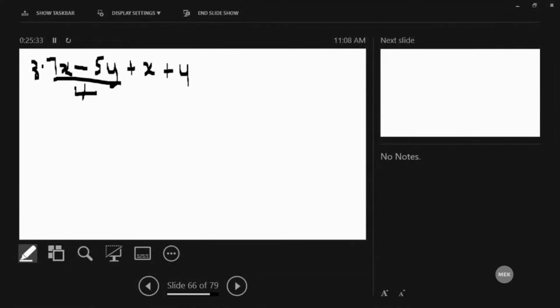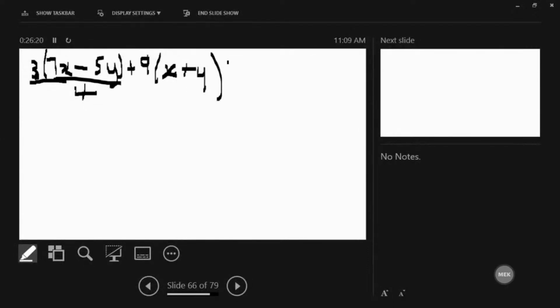So let's say we have 3, and let's say we had 9x plus y. All right, so that's all. So we'll expand this bracket first.